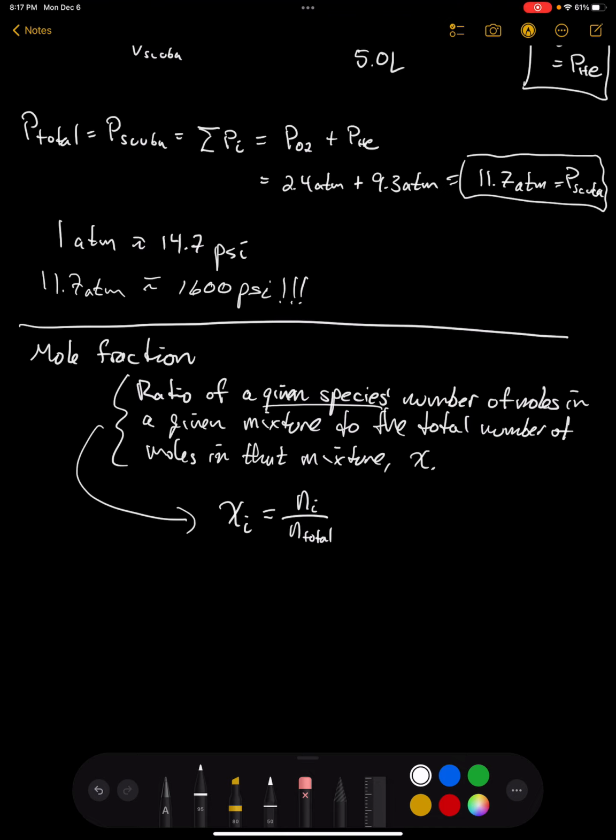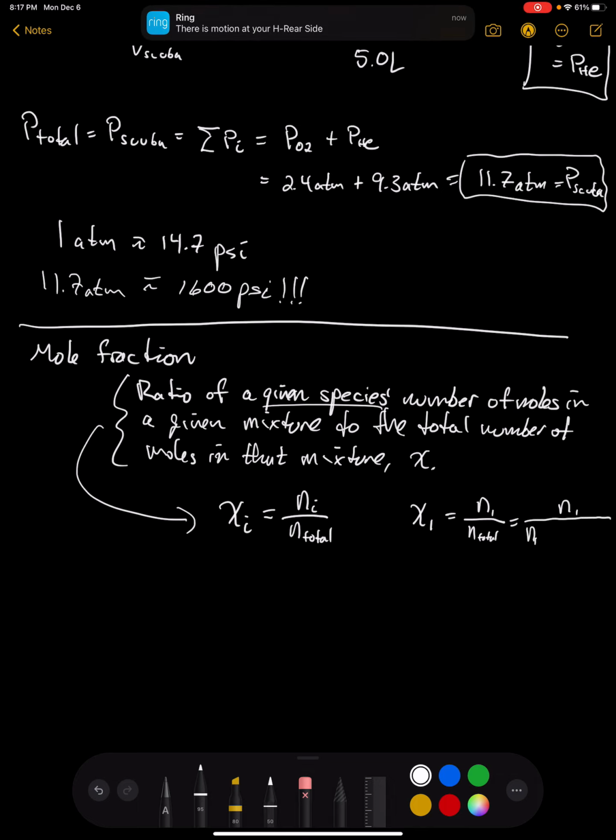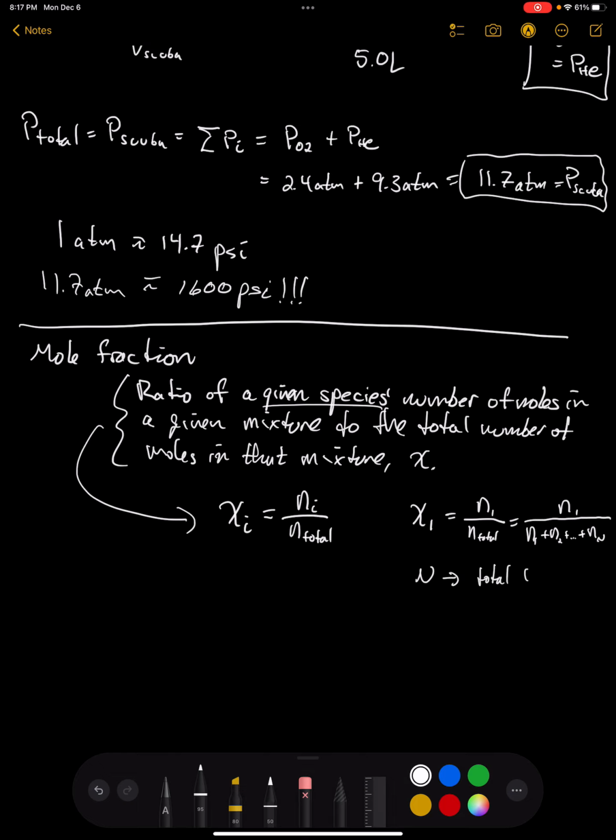So, for example, the mole fraction of species 1 is equal to the number of moles of species 1 divided by the total number of moles, which is equal to the number of moles of species 1 divided by number of moles of species 1 plus number of moles of species 2 plus ... all the way up to number of moles of species N, where, of course, as we said before, N is the total number of species in a mixture.